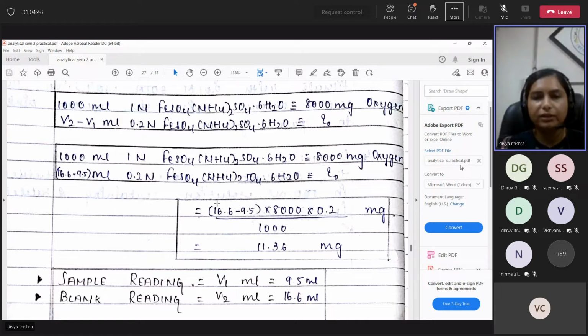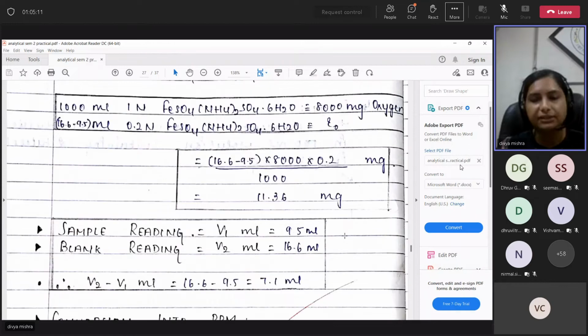So how much oxygen will be present for the sample? This difference will be multiplied with the milligrams of oxygen, multiplied by the normality of the ferrous ammonium sulfate, and divided by 1000 for liter. So it is coming up around 11.36 milligrams.